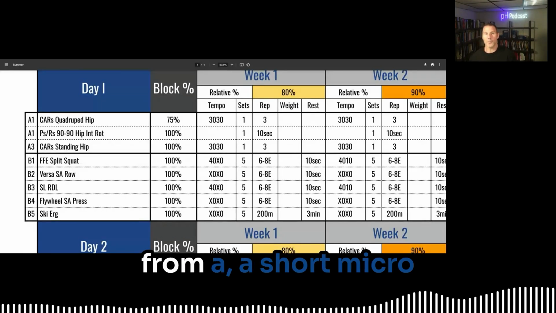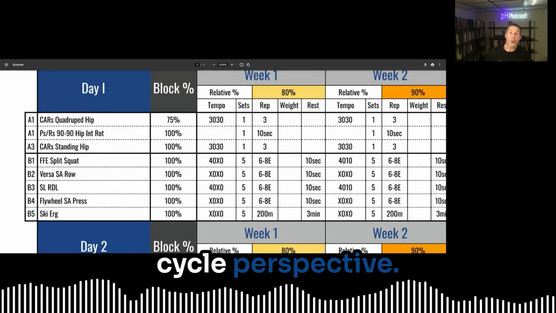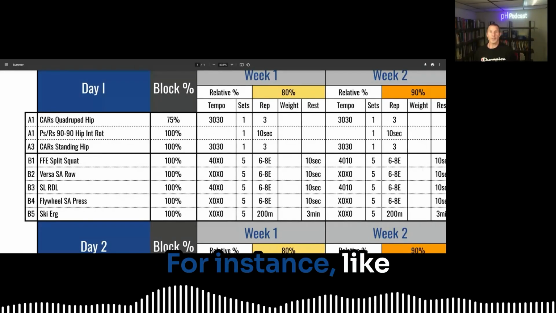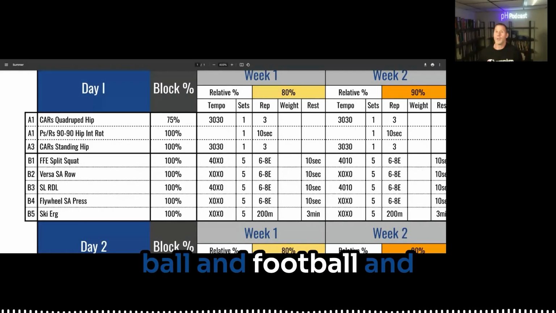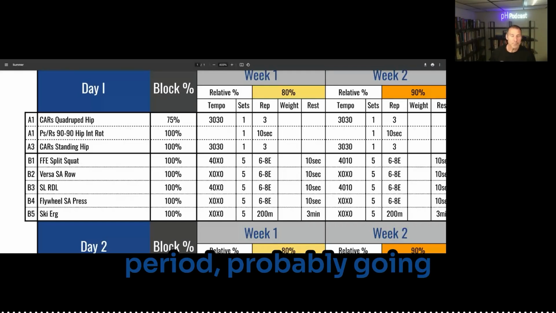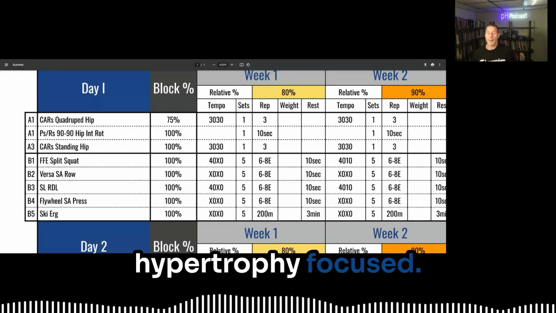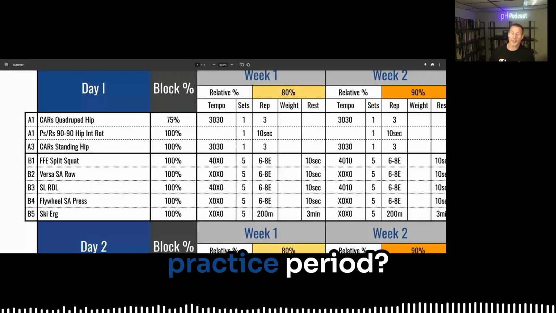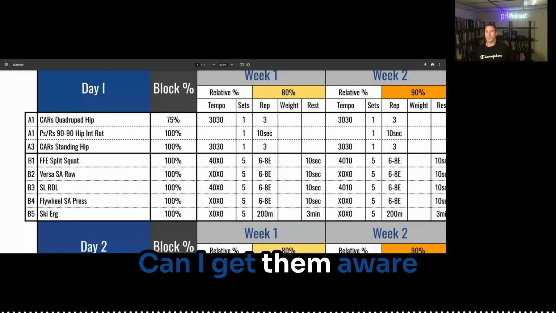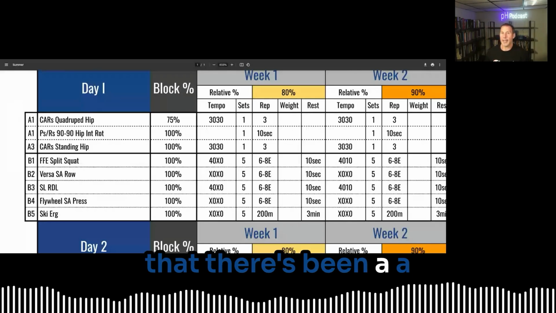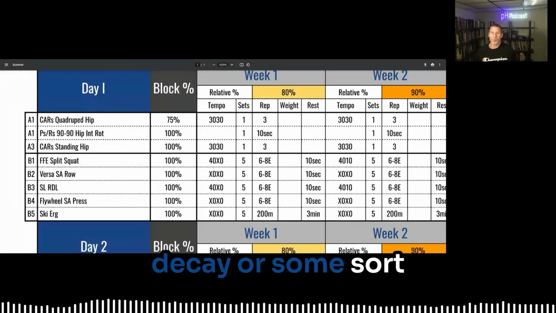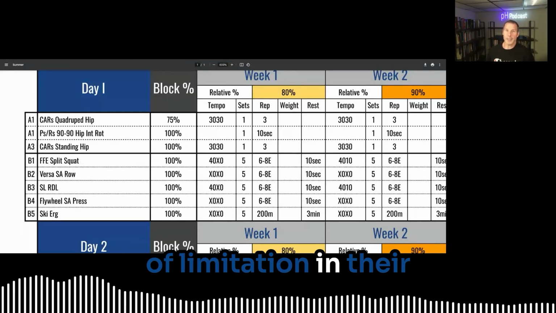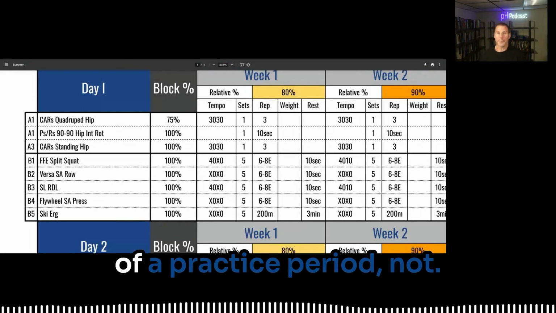And I could tell you from a short microcycle perspective, for instance, coming off spring ball in football, we have a 2 week period that's probably going to be a little bit more hypertrophy focused. Can I put on some lean tissue after coming off a 5 week practice period? Can I make them aware that there's been a decay or some sort of limitation in their development coming off a practice period?